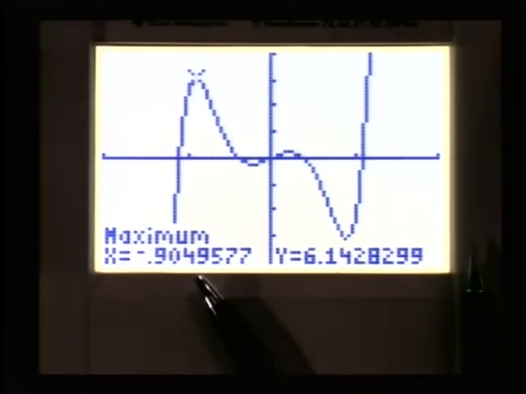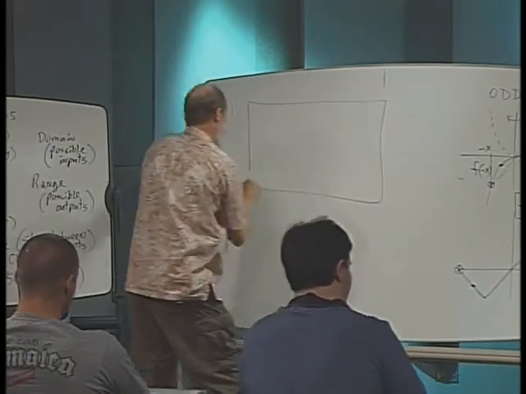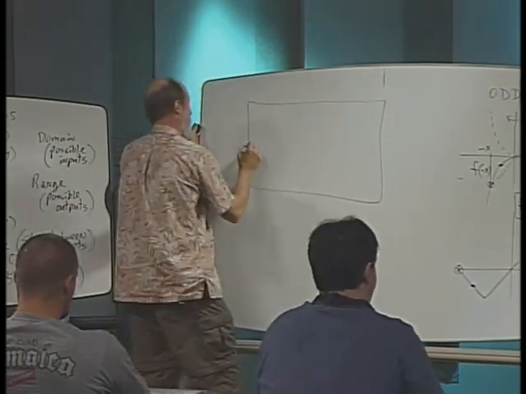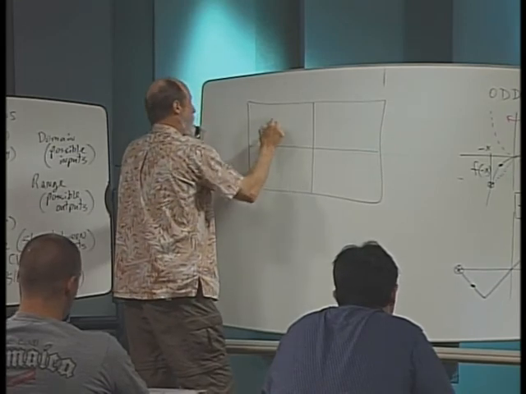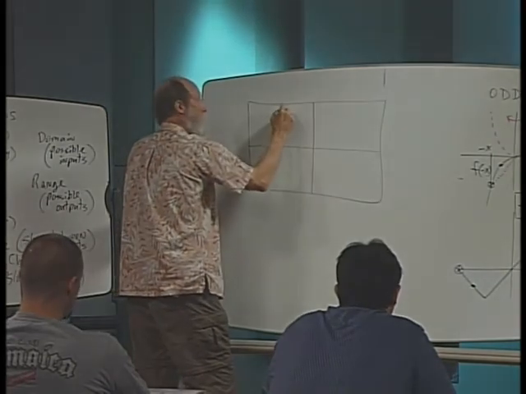Okay, let's go back up on the board for the last couple minutes. We have a sketch of this thing. And I'm just going to do it quick in the interest of time.